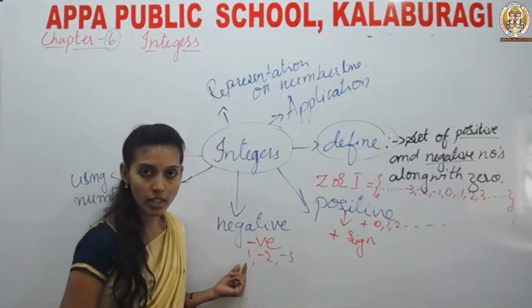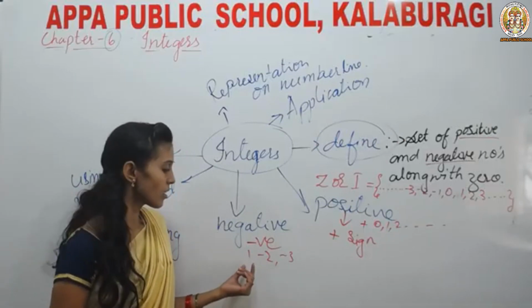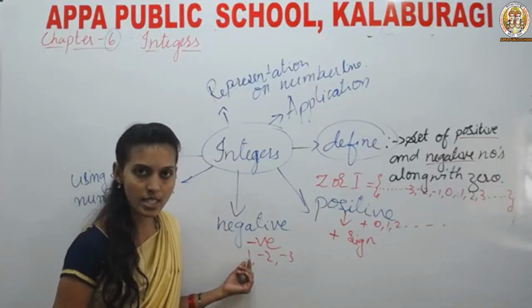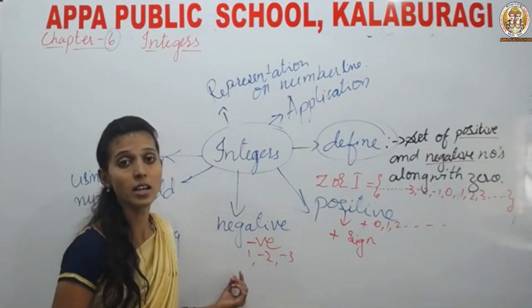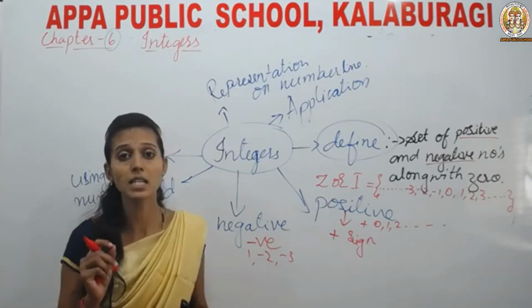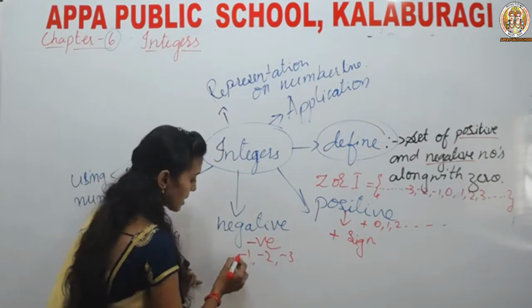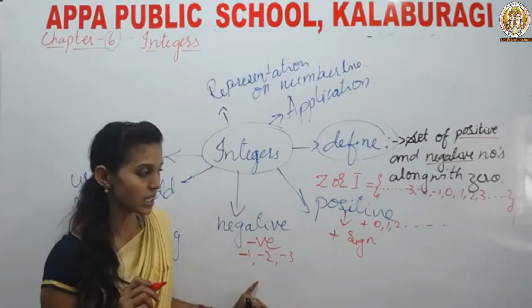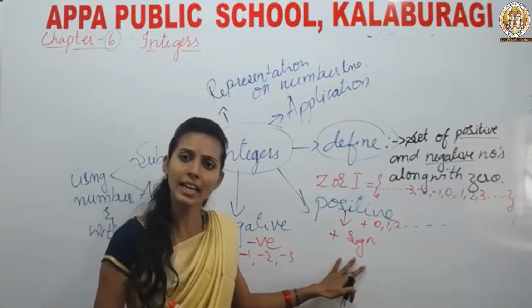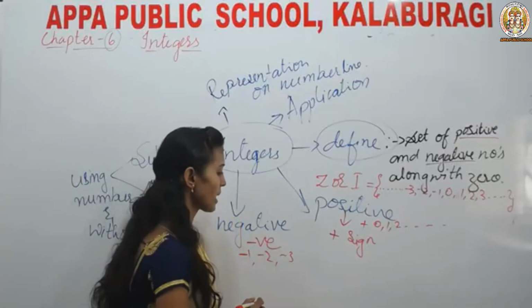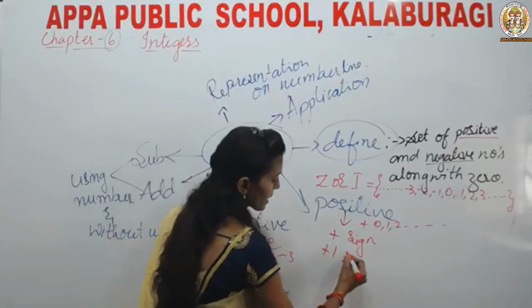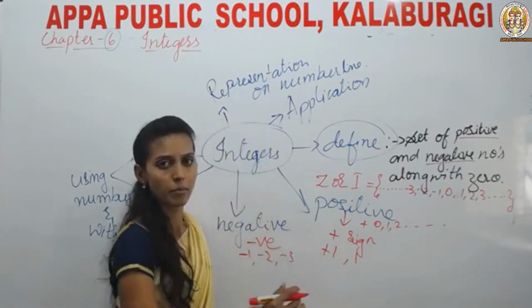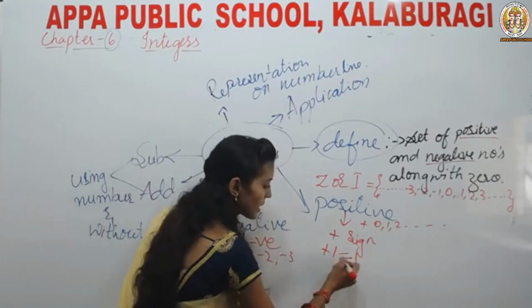If we don't mention a negative sign, then it will be positive, isn't it? So negative numbers we should compulsorily represent with a minus sign. But for positive, we may or may not. We can say +1 or else we can say only 1. Both are one and the same.